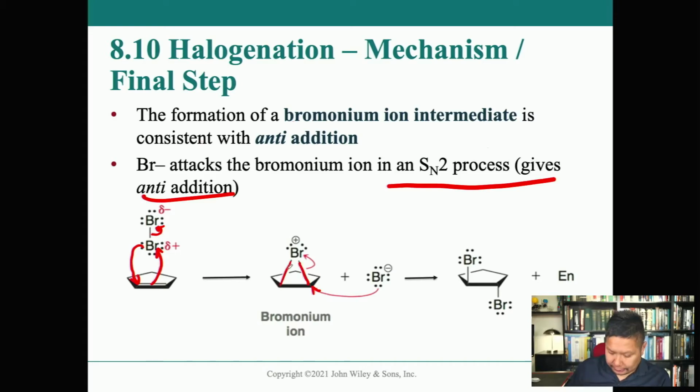Then the bromide, which was a leaving group, is now a nucleophile. It's going to come over and do a backside attack. It has to do a backside attack because there's nowhere else for it to go. And then you get the bromine anti-addition plus enantiomer.